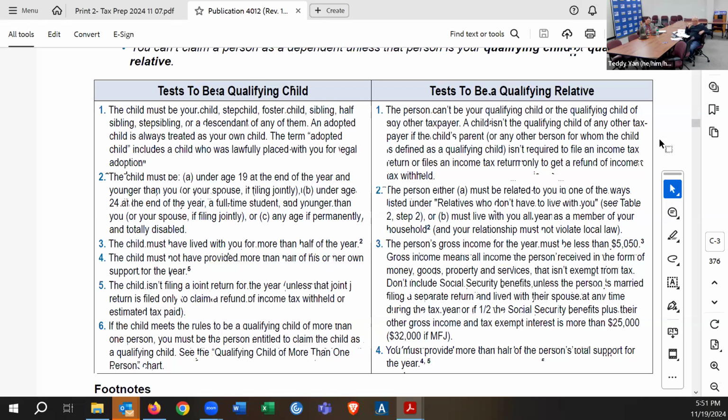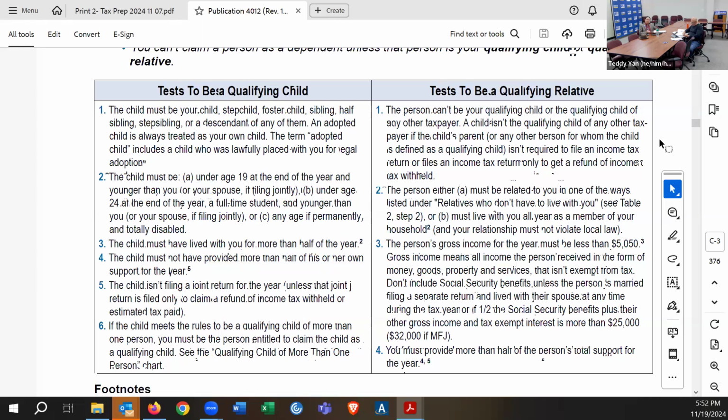So, she's a dependent, yes. Qualifying child, that's easy enough. Is Dottie under age 19 at the start of the year? Yes. Did Dottie live with Kat for more than half the year? Yes. Did Dottie not provide more than half of her own support for the year? Yes. Dottie is not filing a joint return.